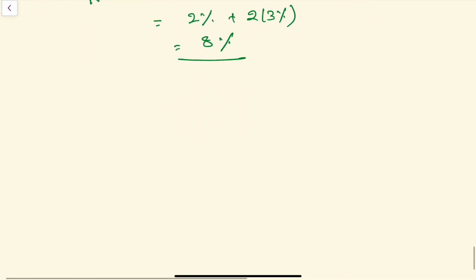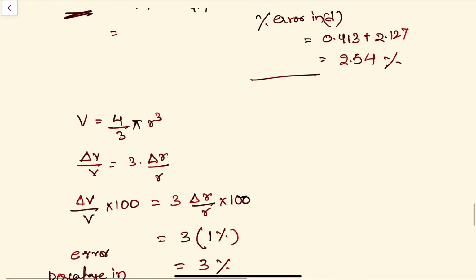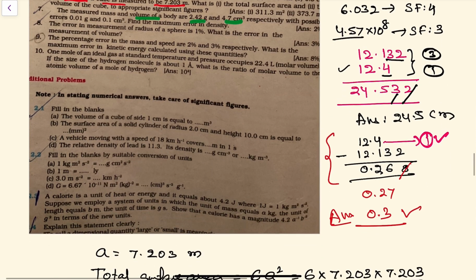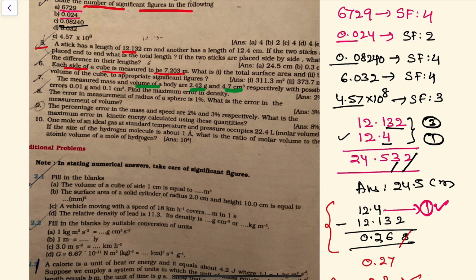The last one, the tenth problem, we shall see. One mole of an ideal gas at standard temperature and pressure occupies 22.4 liters, the molar volume. If the size of a hydrogen atom is about 1 angstrom, what is the ratio of the molar volume to the atomic volume of hydrogen?